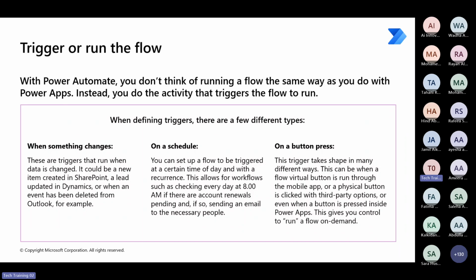Let's say I am a university professor. I ask you to upload your assignment to my OneDrive. I will not monitor the folder to see it. With Power Automate, when you upload it, it will send an email to me saying that Tariq uploaded his assignment. Or I can put it on a schedule. Each Monday, send a task to my team, like a project management tool.